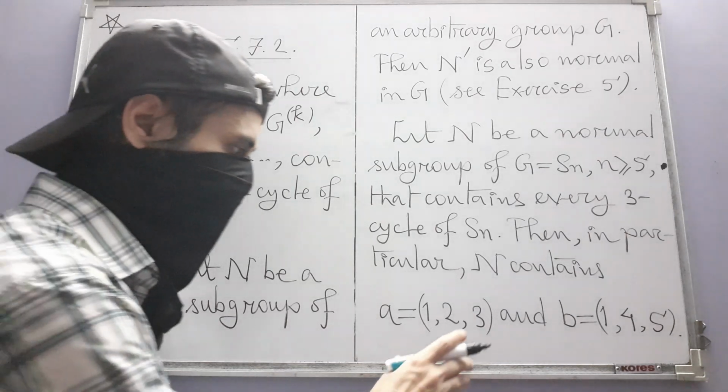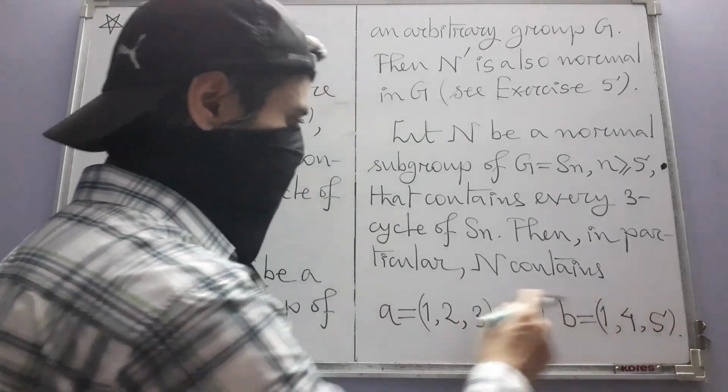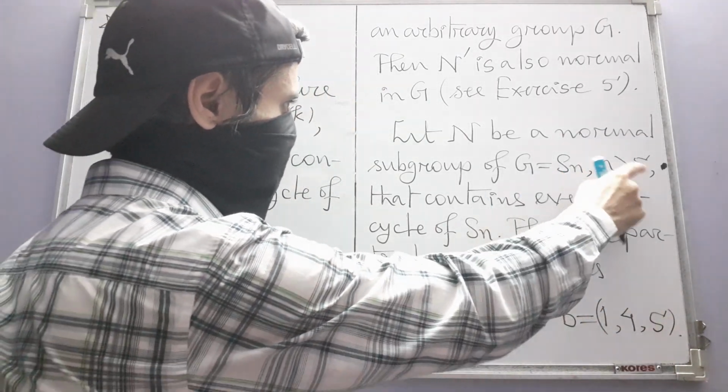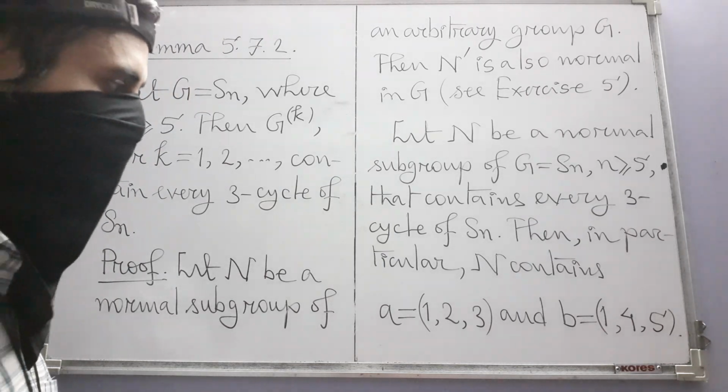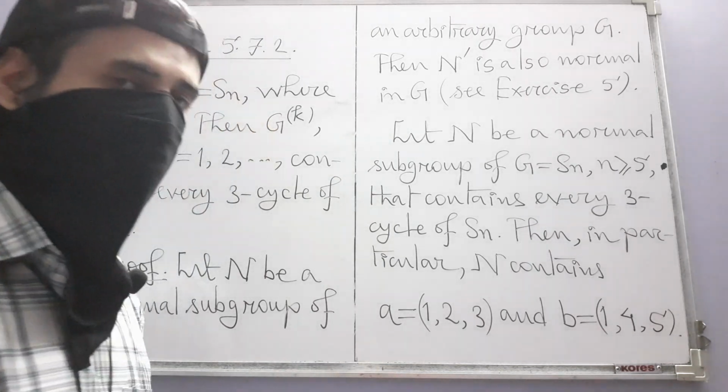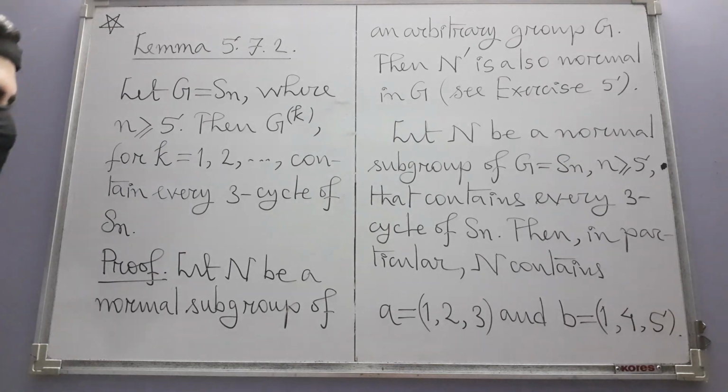Note that we have been able to choose these 3 cycles because n is at least 5. There are at least 5 symbols available to us on which we can apply these permutations of Sn.